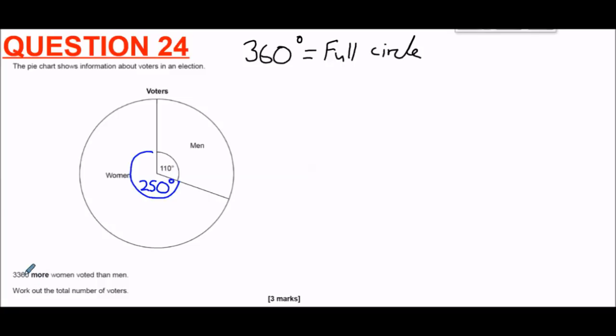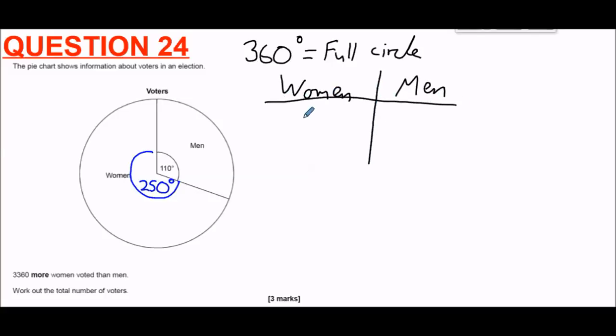Got a bit of information here comparing women to men. It says 3,360 more women than men. Not that 3,360 women voted, but 3,360 more women than men voted. So there's a big key difference there. And so what I'd suggest would be to compare the degrees for the women versus the degrees representing the men.